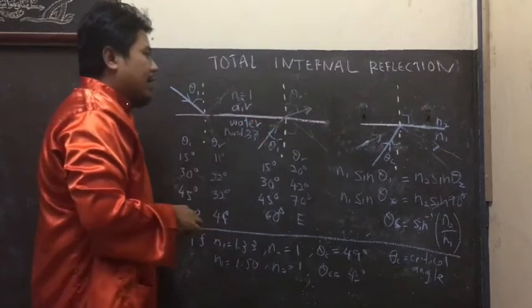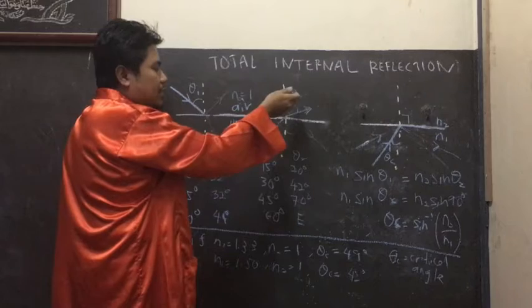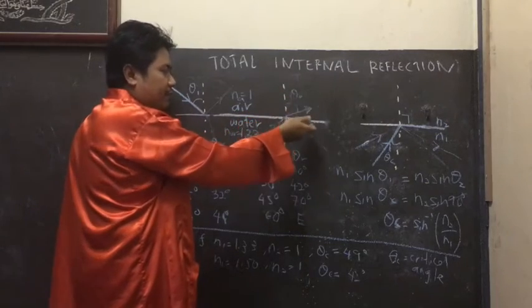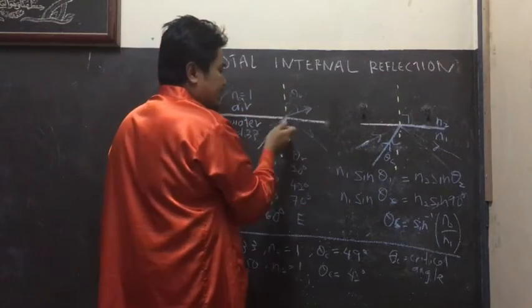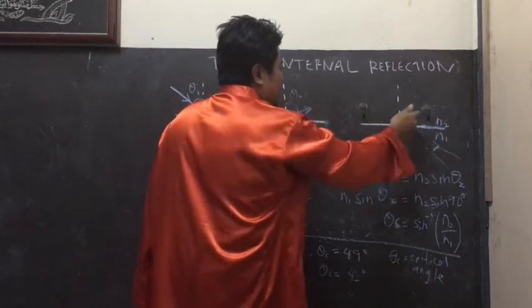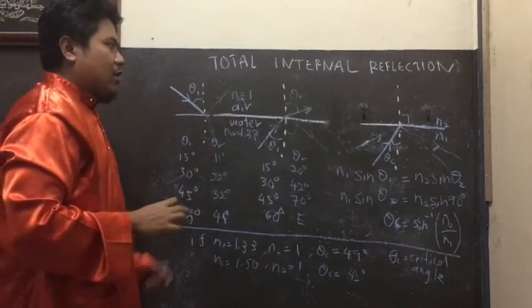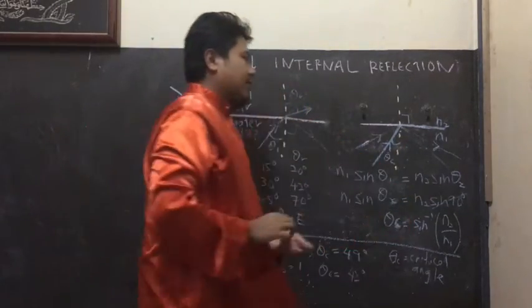So before the critical angle is reached, light can be refracted and reflected, but when the incident angle is larger than the critical angle, all light will be reflected. That is called total internal reflection.